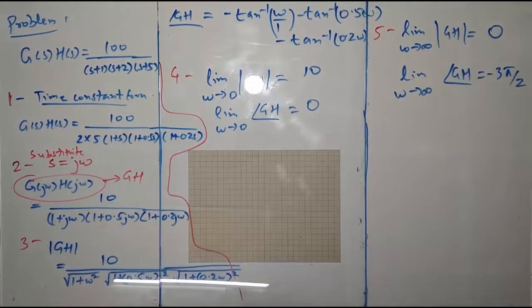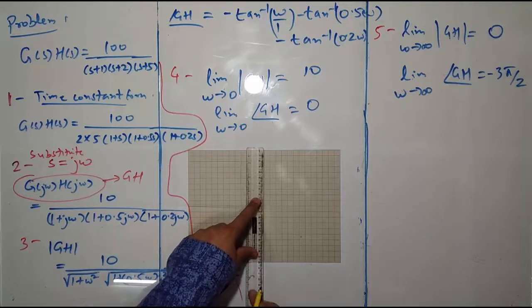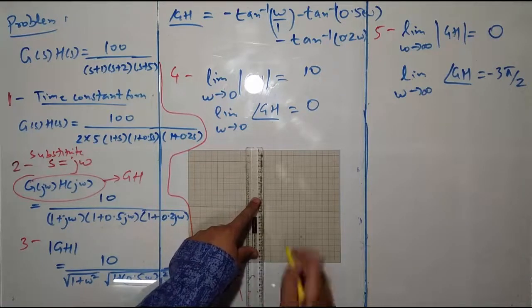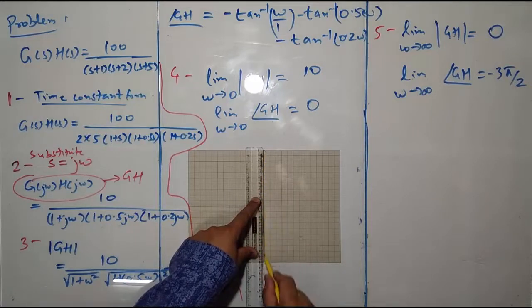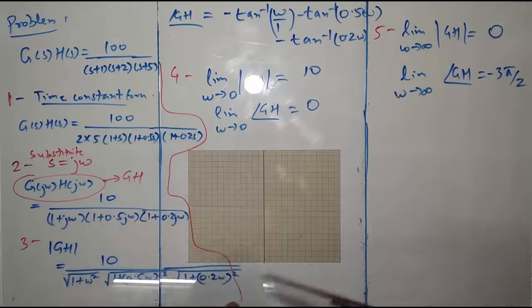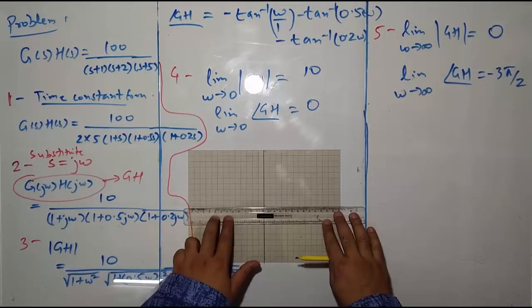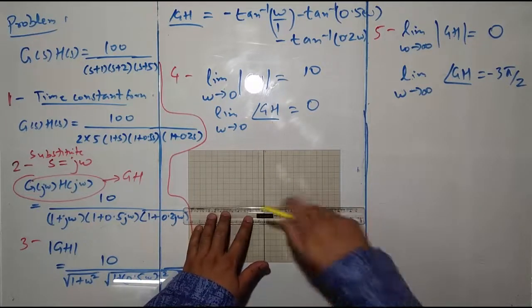So from steps 4 and 5, what you did is you obtained the two extreme points of the curve of the polar plot. So let us first draw this on the graph paper. Suppose this is the imaginary axis, and let's say this is the real axis.